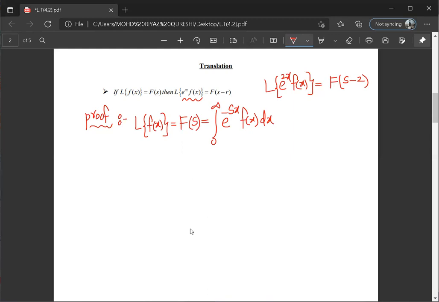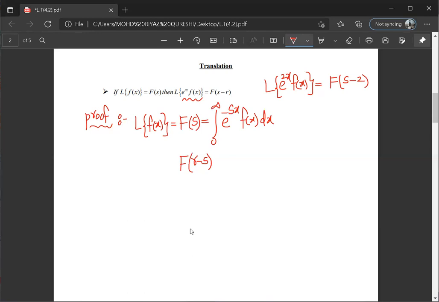What I am doing here is, to prove my LHS value, I am going to use the right hand side. In place of s, I am going to substitute. Whatever value is available within the bracket along with F, the same value will be the coefficient of x here.